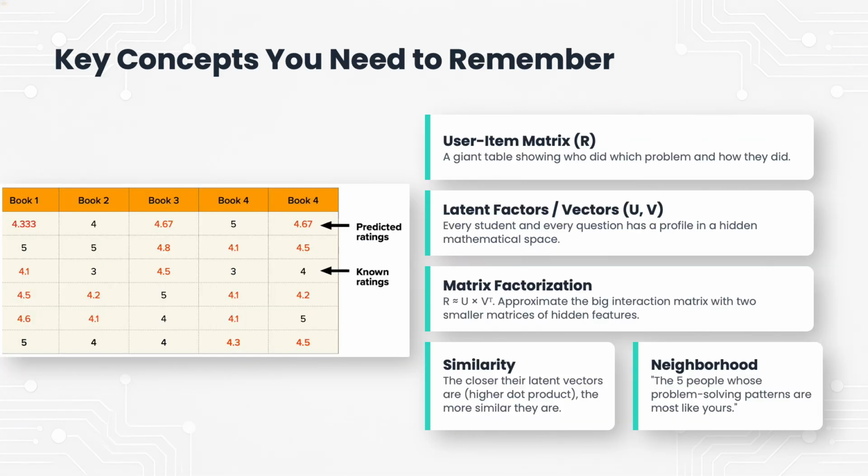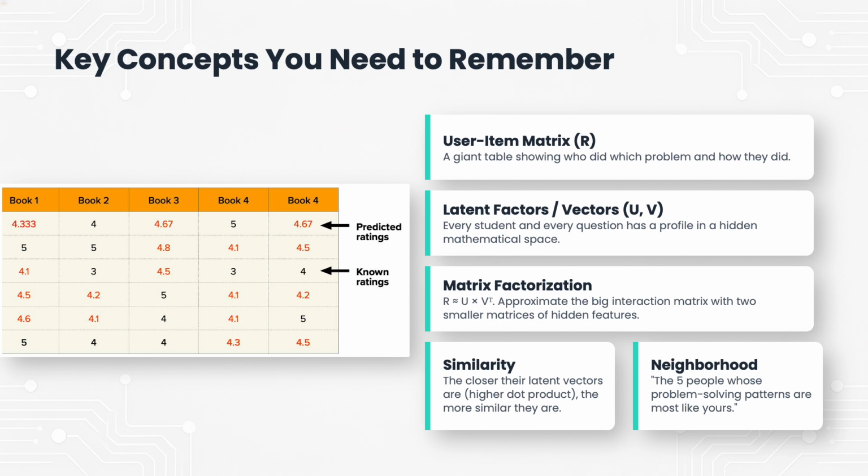To understand how these algorithms work, we need to get familiar with a few key terms. First, the user item matrix. Think of this as a big spreadsheet. Each row is a student, each column is a question, and the cell tells us if the student got that question right, wrong, or didn't attempt it. Next, latent factors or latent vectors. This is the magic sauce.